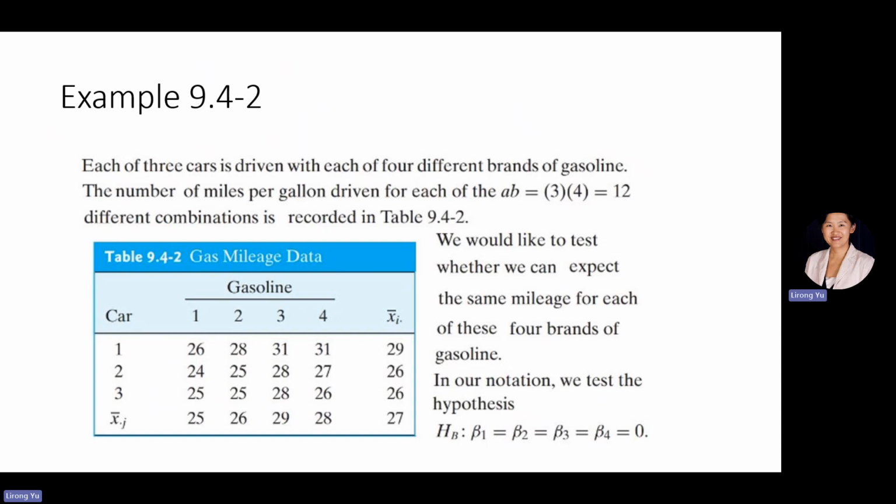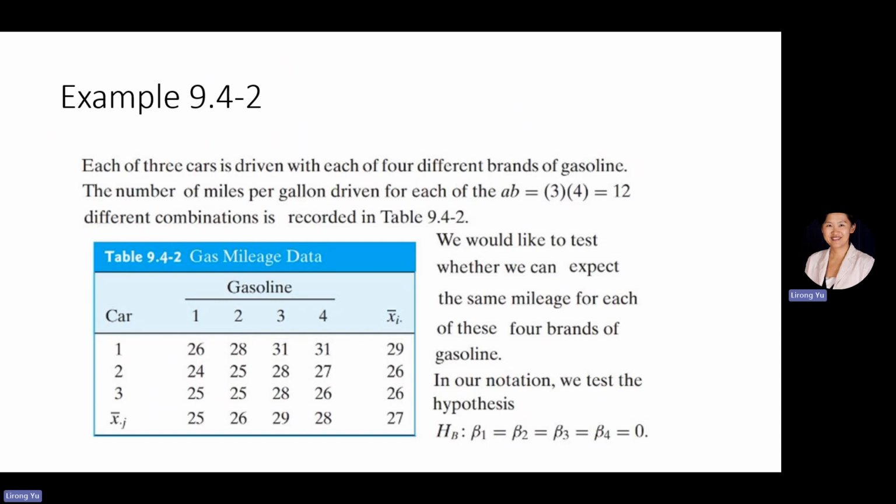Depending on the factor. So there are 2 factors. Does the type of car cause us to have different mileage, or does the type of gasoline cause us to have different mileage, right? Theoretically speaking, the type of car or the type of gasoline should both have some kind of impact. And we just want to say which one has a significant influence.